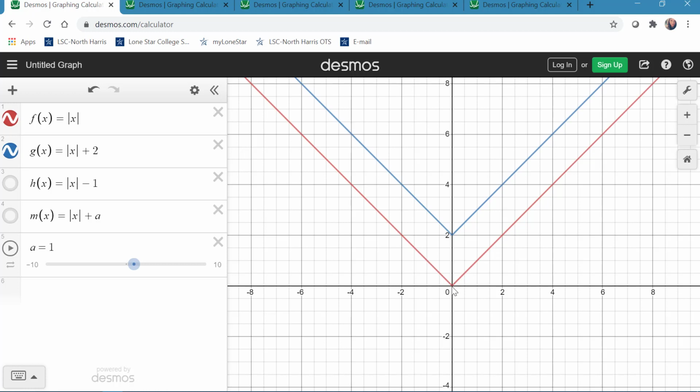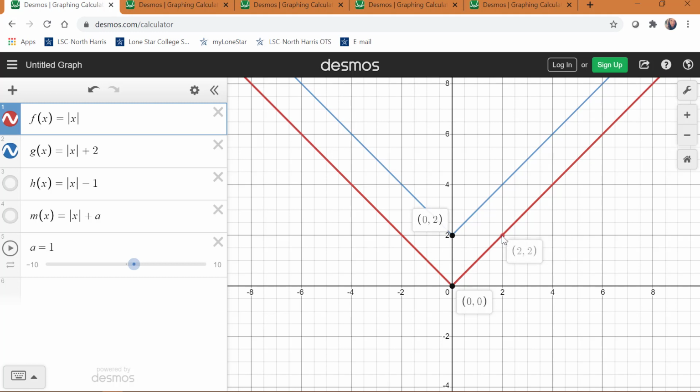So every single point on this graph, so the point 0, 0, is shifted up to the point 0, 2. So we're shifting up, which means basically our y value is going to change. And if I move up 2 units, my y value increases by 2. Now this happens not just for that special origin point, but for every single point on this graph.